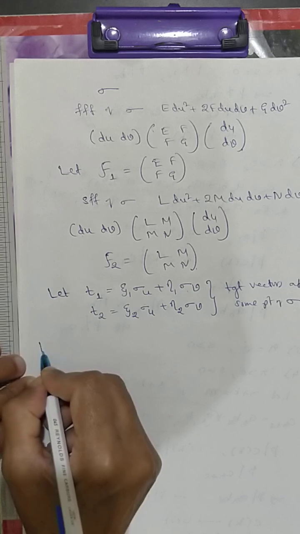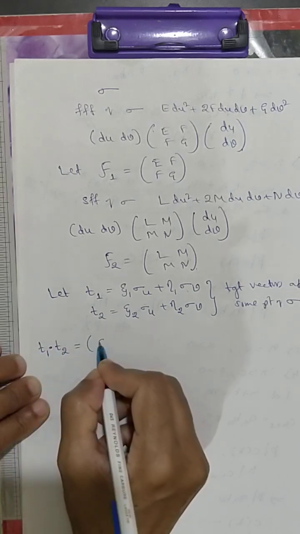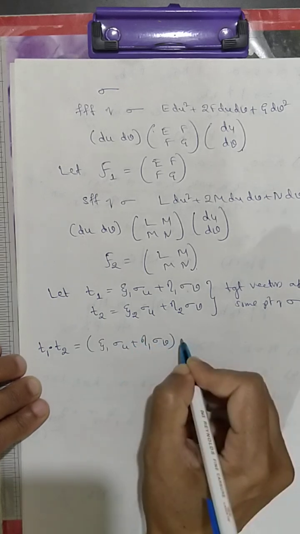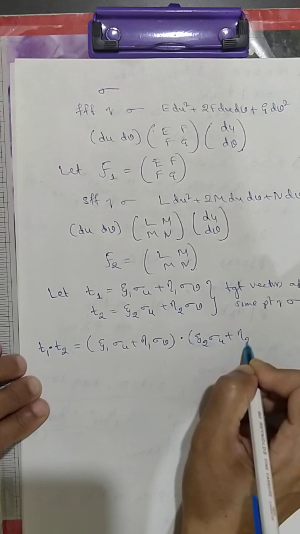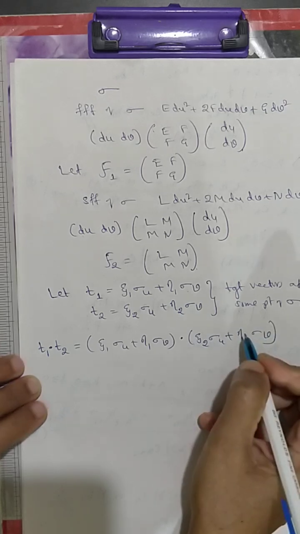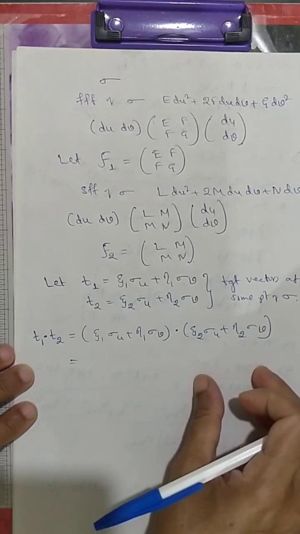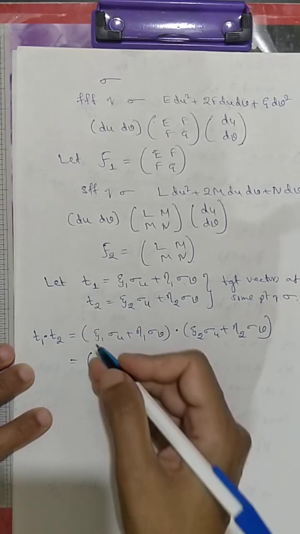Now let us consider the dot product T1 dot T2. It is equal to xi1 sigma u plus eta1 sigma v, the dot product with xi2 sigma u plus eta2 sigma v. So consider the dot products and we are going to get it after some steps of calculation.